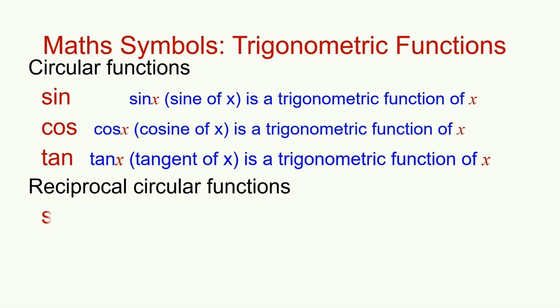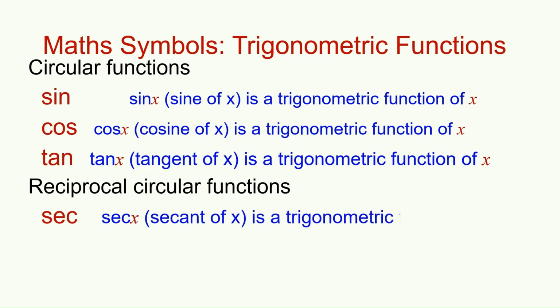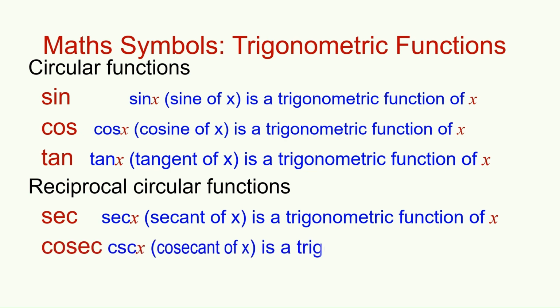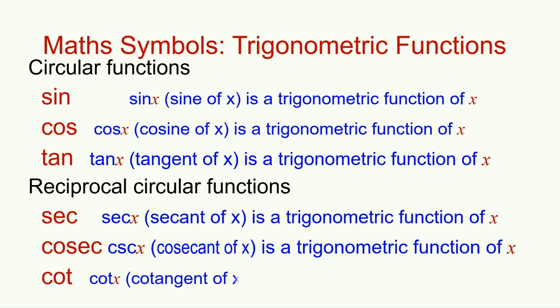Reciprocal circular functions: sec x, secant of x. Cosec x, or csc x, cosecant of x. Cot x, cotangent of x, are trigonometric functions of x.